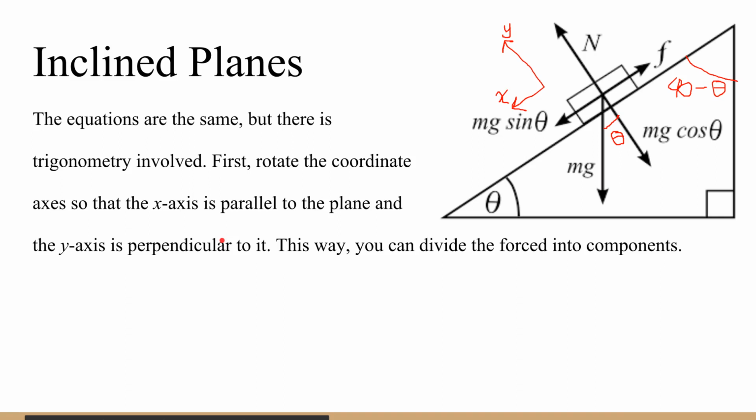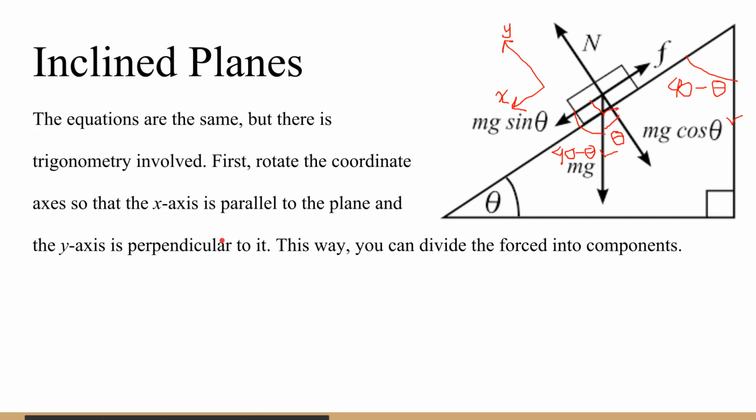And notice, this and this are parallel, so this must also equal 90 minus theta. Since these angles are always complementary, since you're breaking up into perpendicular components, this angle will equal theta.